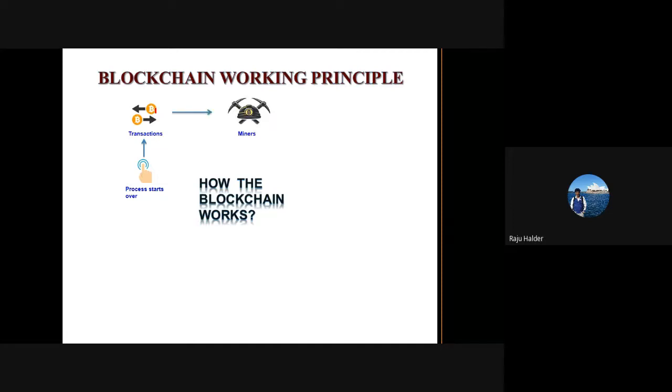And finally there will be some specific nodes which we call miners. I can also act as a miner, you can also act as a miner. There is no strict rule on who can act as a miner, but there are certain conditions. The miner will capture all these transactions and create a new block.